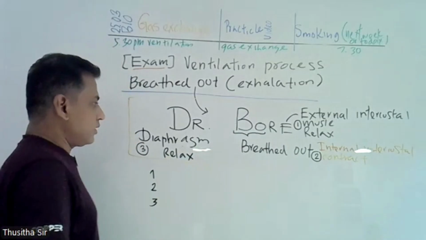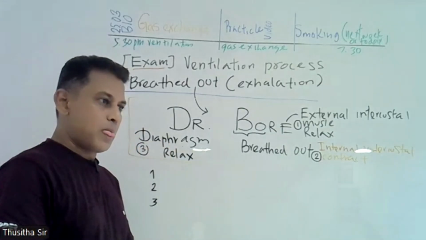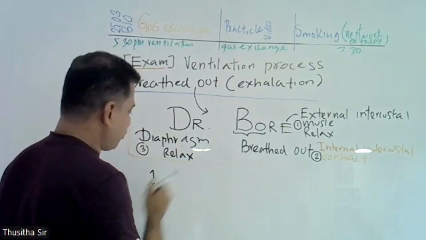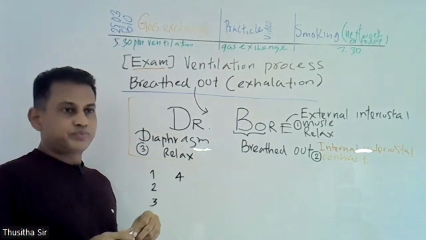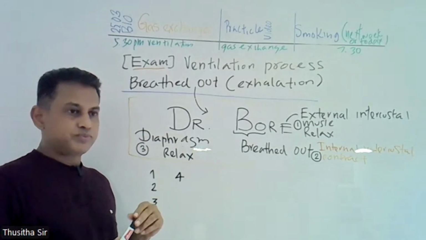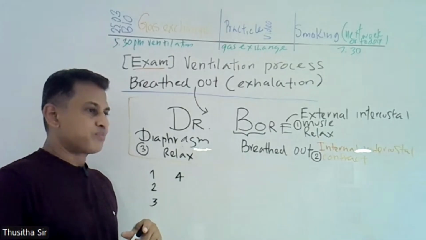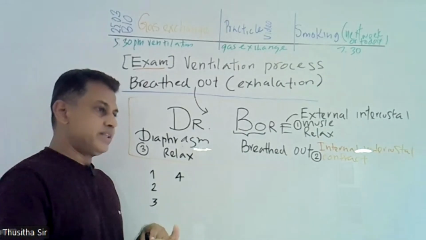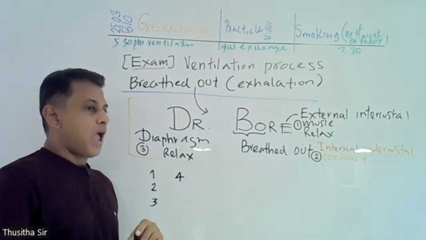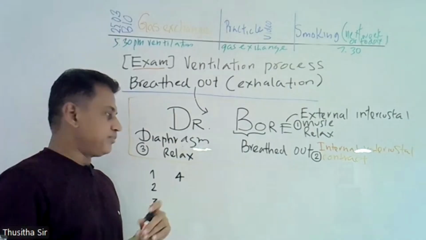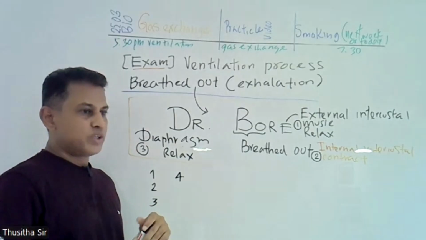So the whole rib cage moves inward and down. Then the fourth one you're going to write: rib cage moves inward and downward.